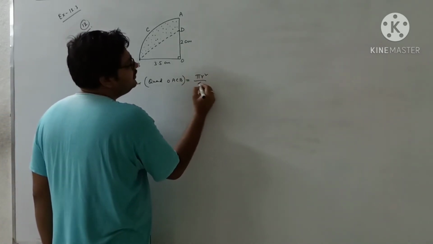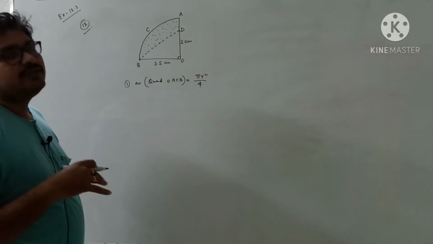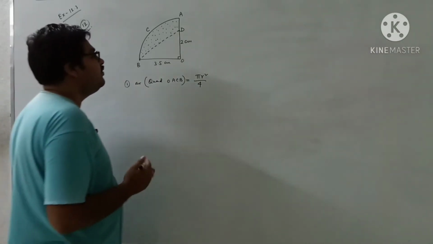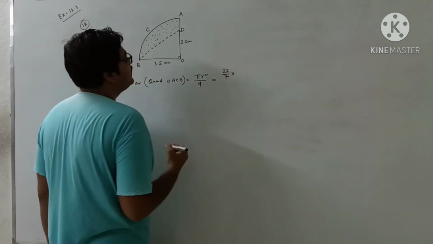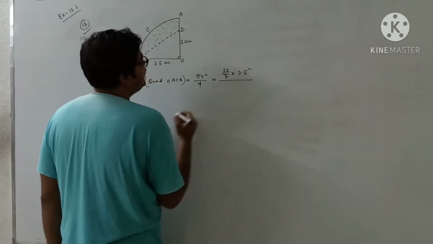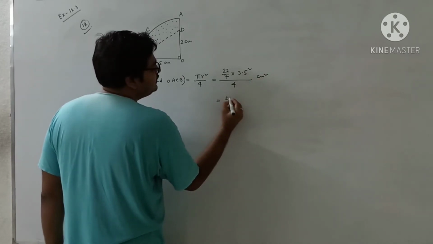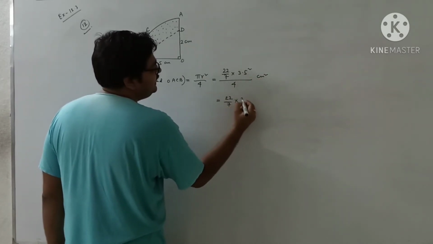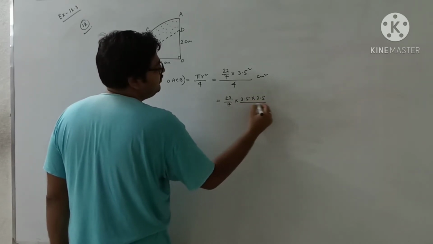Because we know that pi r square is the area of a circle, and 1/4 of a circle is called a quadrant. So pi r square by 4, if I do, I will get the answer. Pi means 22/7. Radius is 3.5, so 3.5 square by 4. This is in centimeter square. So it's 22/7 into 3.5 into 3.5 by 4.